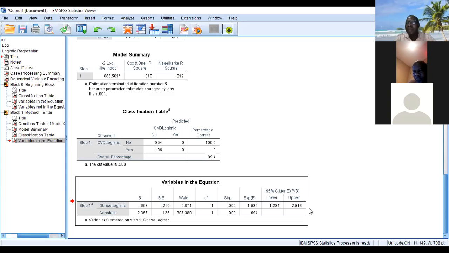It's not significant, because the meaning of the confidence interval is that though my odds ratio is 1.93, in the population I'm 95% confident that the real value of the odds ratio will lie between 1.28 and 2.9.